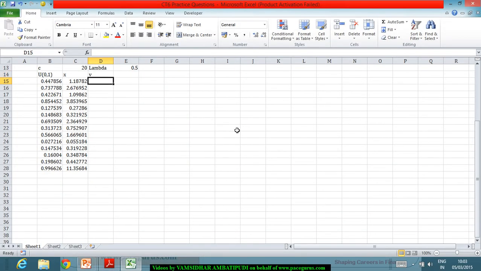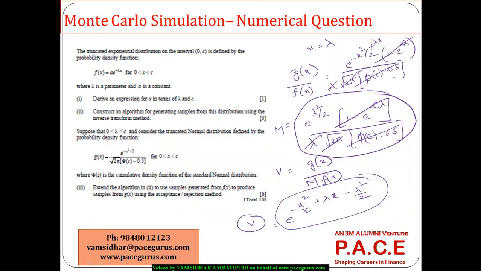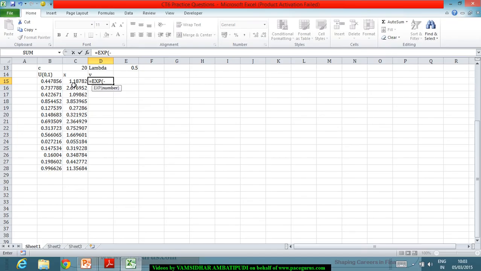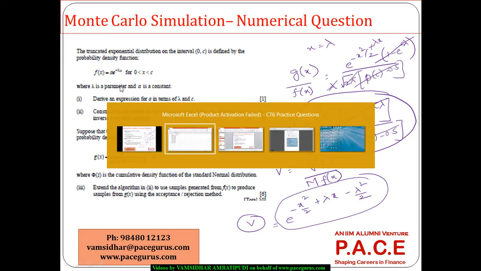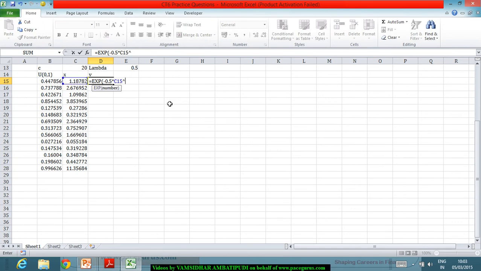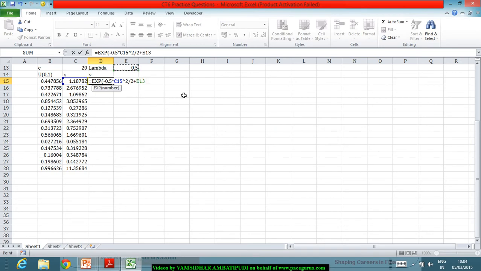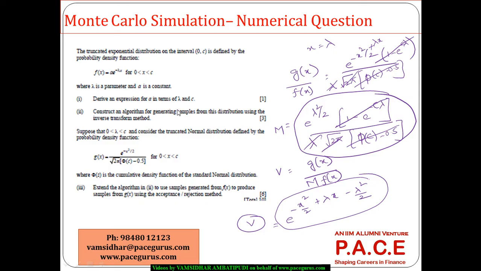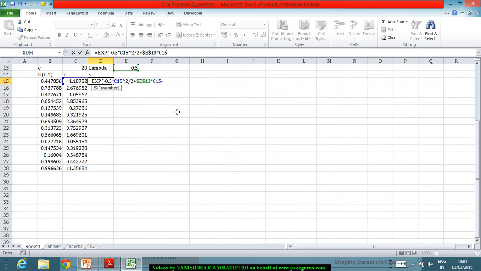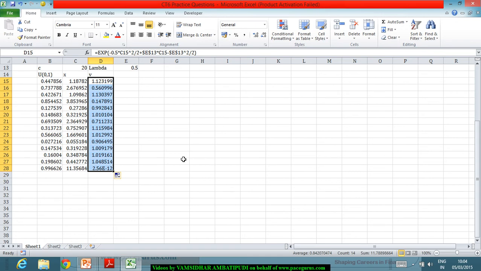I'll find out the values of v in each case. e to the power of minus x squared by 2 plus lambda x minus lambda squared by 2. So I am trying to find the value out here.